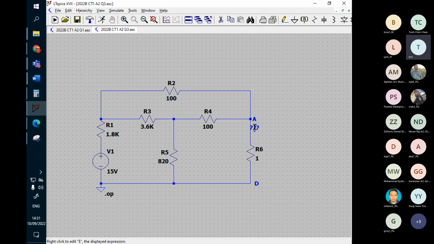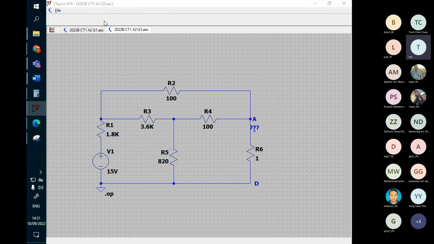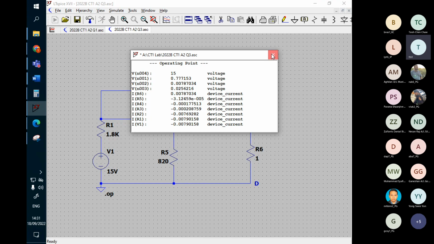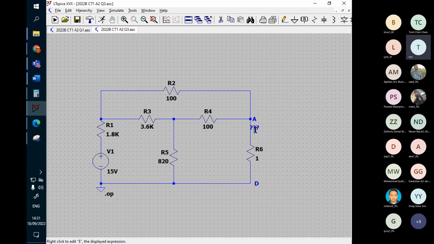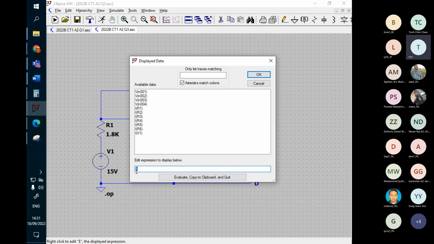Okay, now it needs another simulation. Let's run that one more time. And it looks like here is the question mark. Okay, let's remove this one.